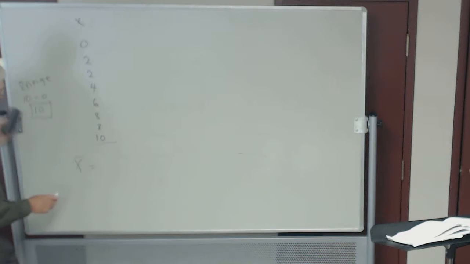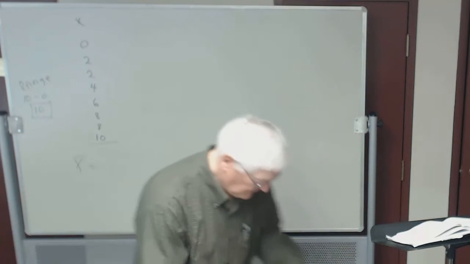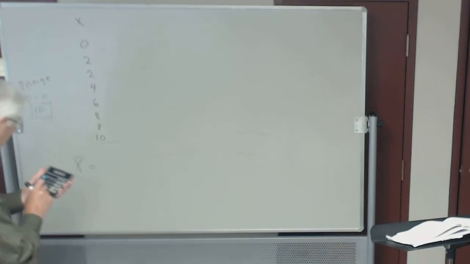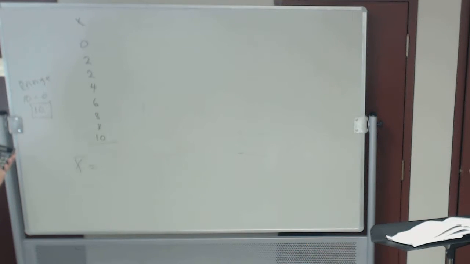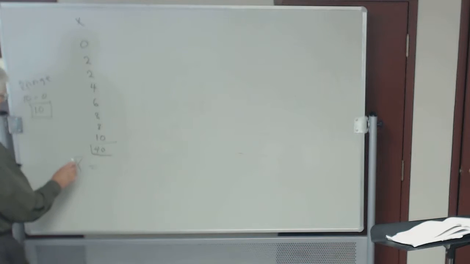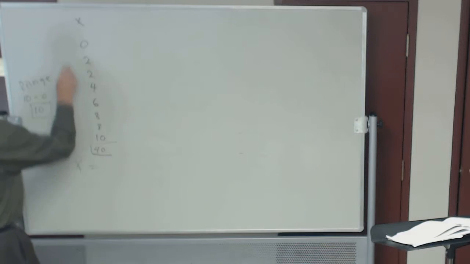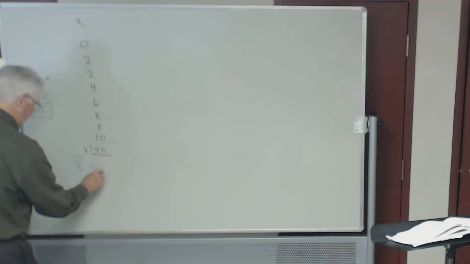What would that be? 10 plus 8 plus 8 plus 6 plus 4 plus 2 plus 2 plus 0 equals 40, divided by what? 8. So the mean is 5.